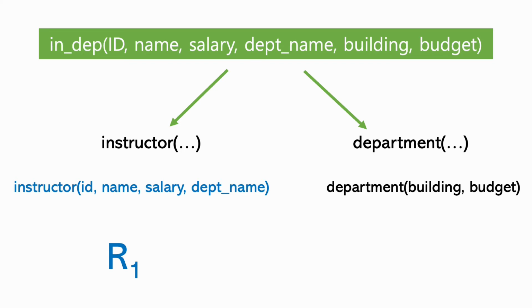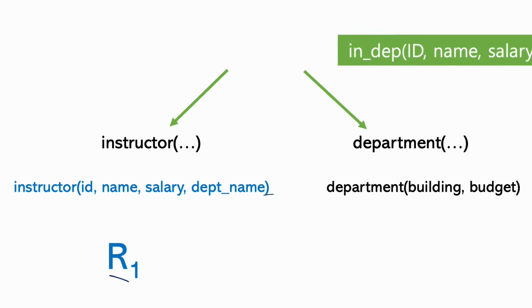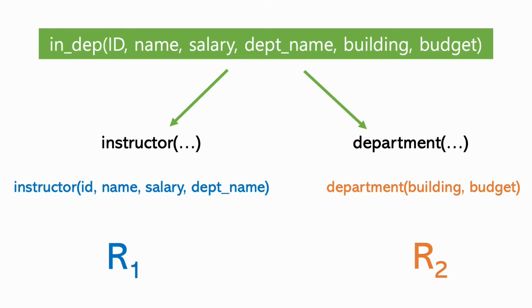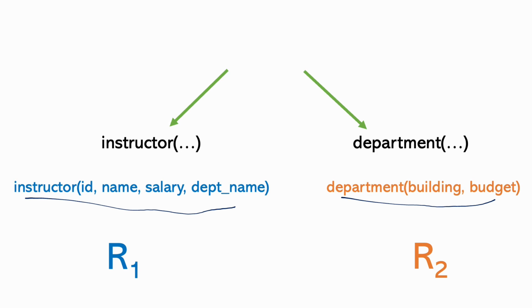So for example, R1 would be the instructor schema in this case, and R2 would be the department schema. So these two schemas here make up the decomposition of R, which is this whole thing here.